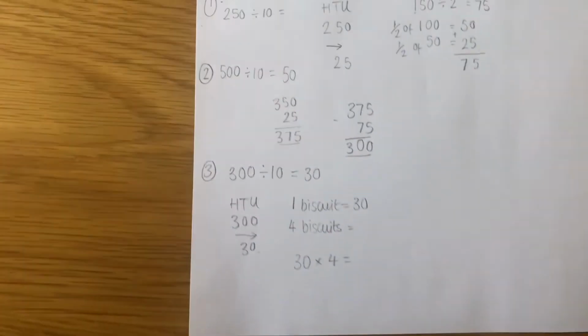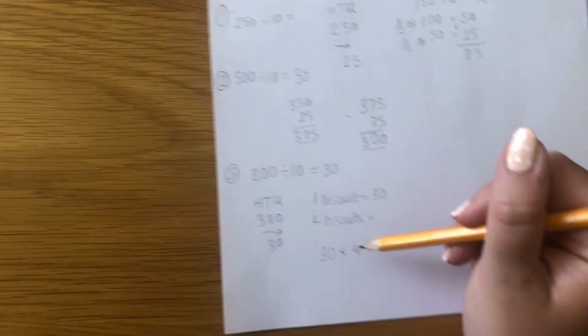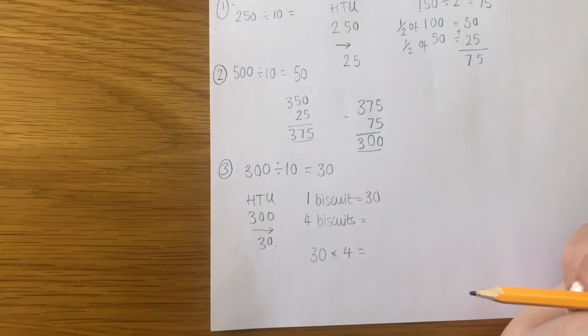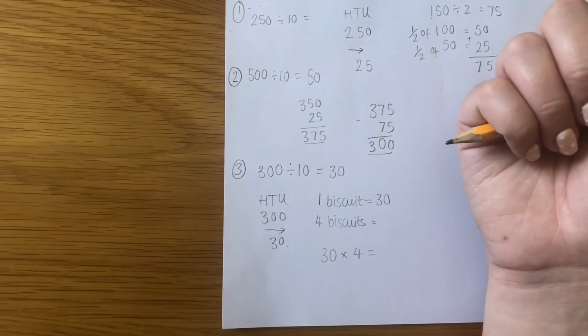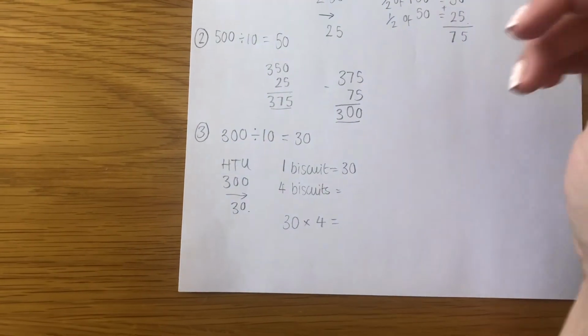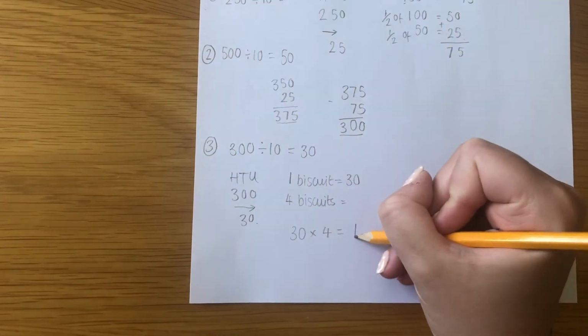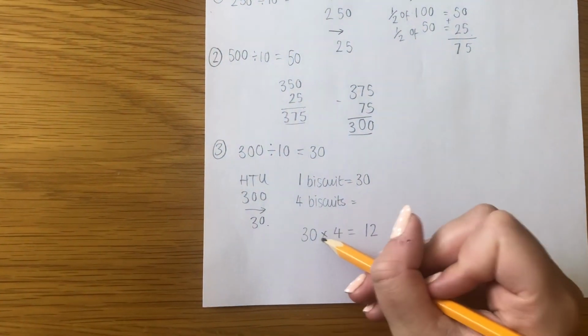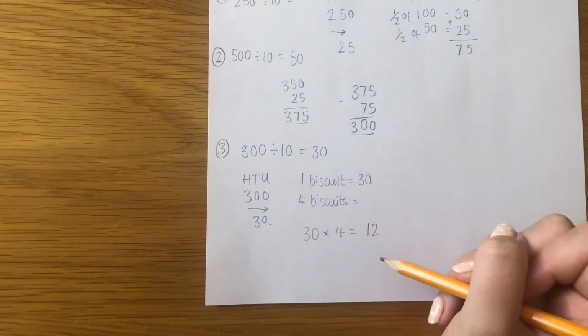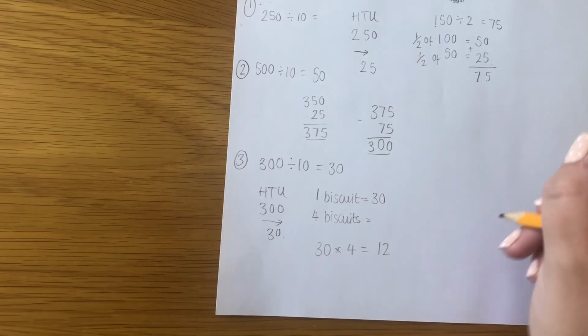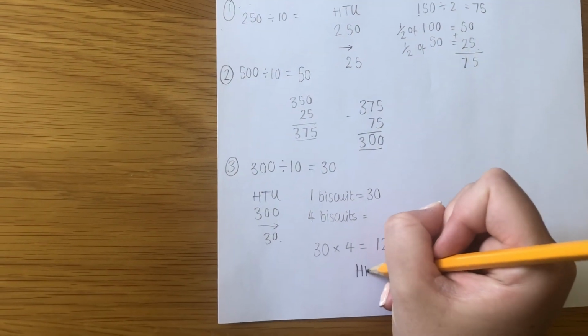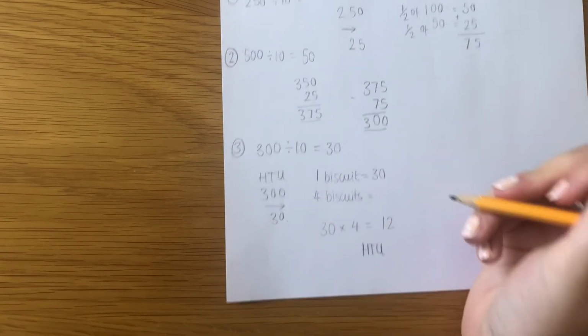So can we remember how to do this? So what's 3 times 4? Let's do our 4 times table. So 3 lots of 4. 4, 8, 12. So 3 times 4 is 12, but we've not got 3 times 4, we've got 30 times 4. So we need to times by 10. So this is the opposite to divide, so we need to go up a place value.